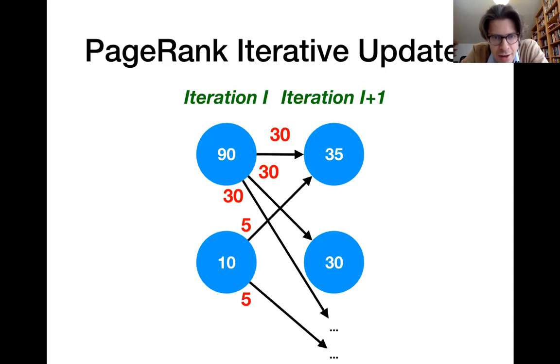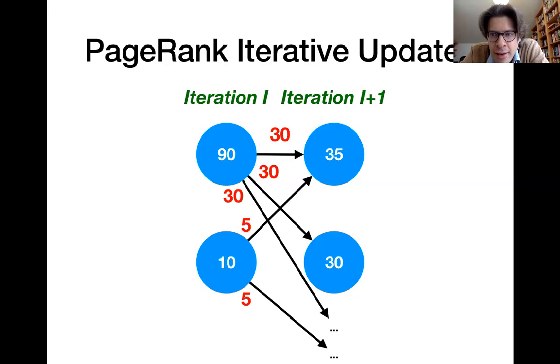The node on the bottom left has a PageRank value of 10 and 2 outgoing links, so it will distribute a value of 5 over each of those outgoing links. The node on the left on top of the slide has a current PageRank value of 90 and 3 outgoing links, so it will distribute a PageRank value of 30 across each of those outgoing links.